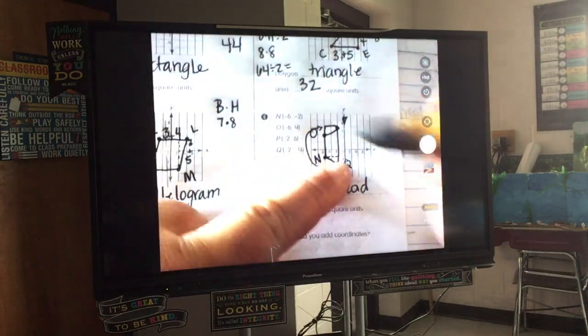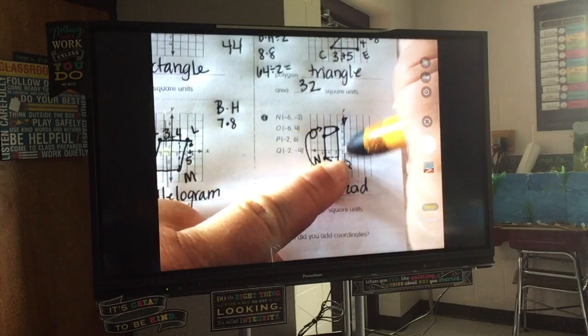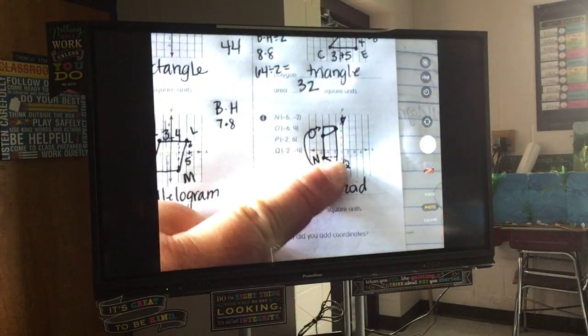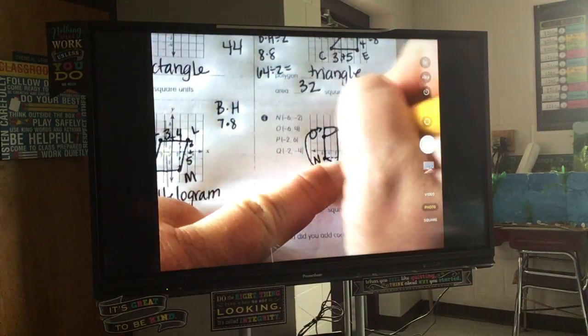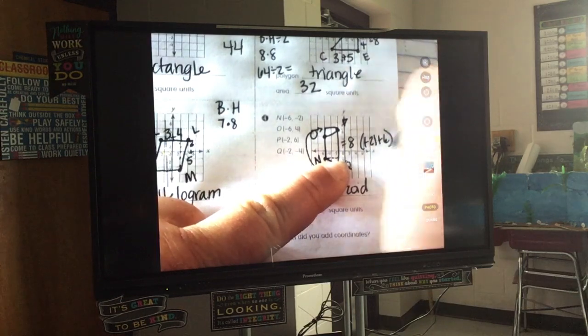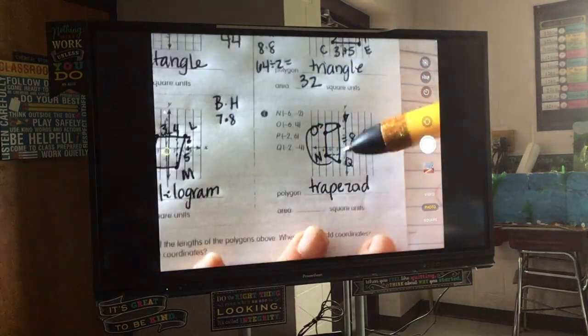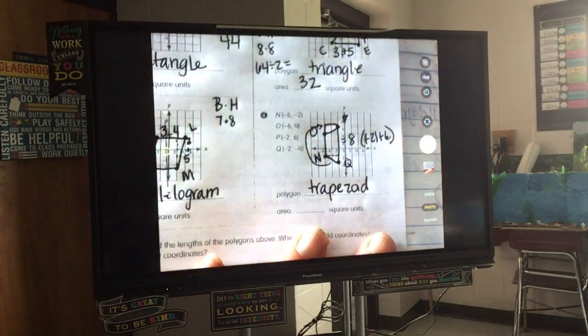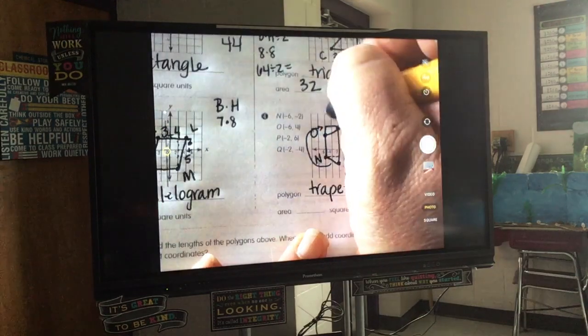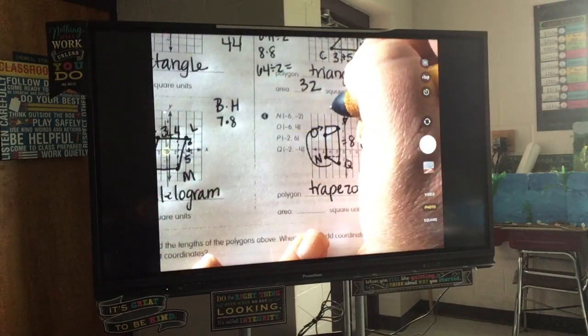What is the length of this side right here? From -2 to 6. What is the length of that side? Gabby? 8. This side equals 8 because you're doing -2, absolute value plus 6. Alright, and then what is the length from -2 to -6? Elizabeth?